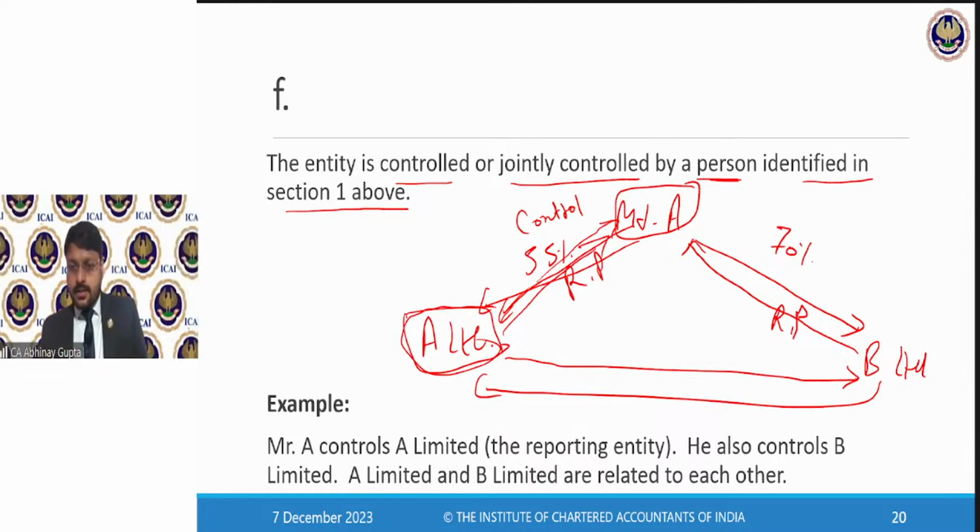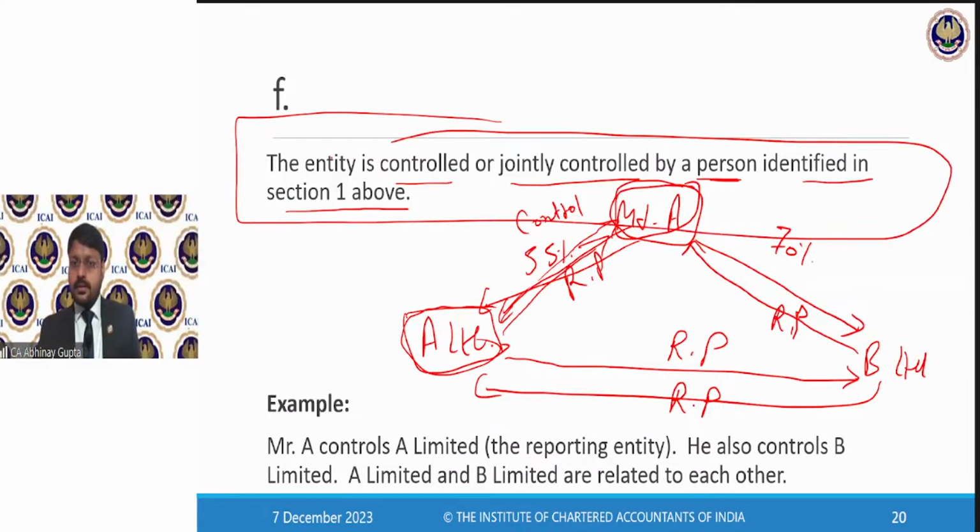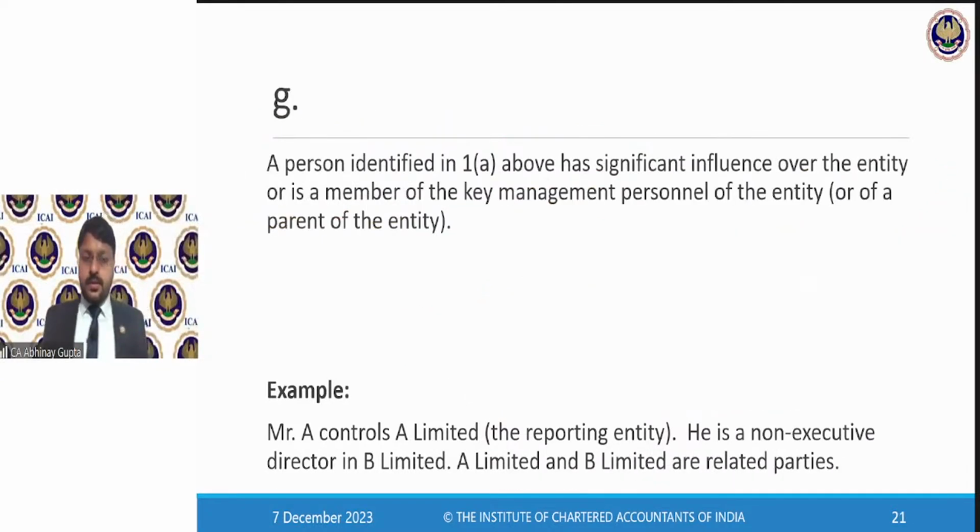So the answer is yes, because Mr. A has common control over A Limited as well as B Limited. So both the entities are controlled by Mr. A. So in A Limited's books, B Limited will be a related party, and in B Limited's books, A Limited will be a related party. So that is what this clause is saying. If any entity is controlled or jointly controlled by the same person, then those entities will be related parties.